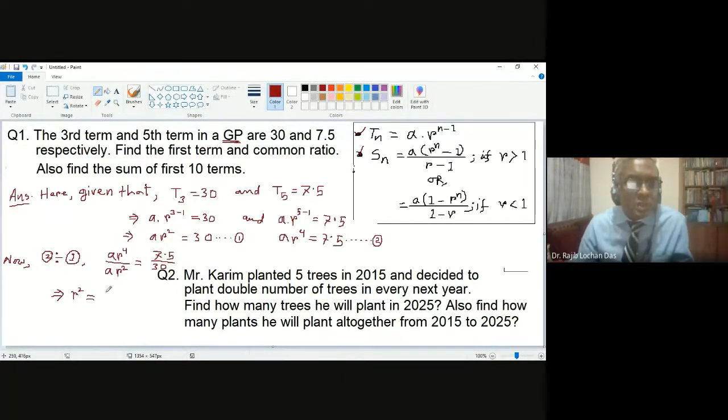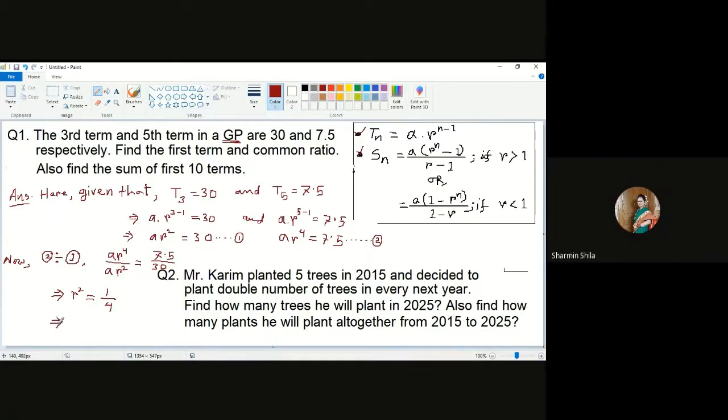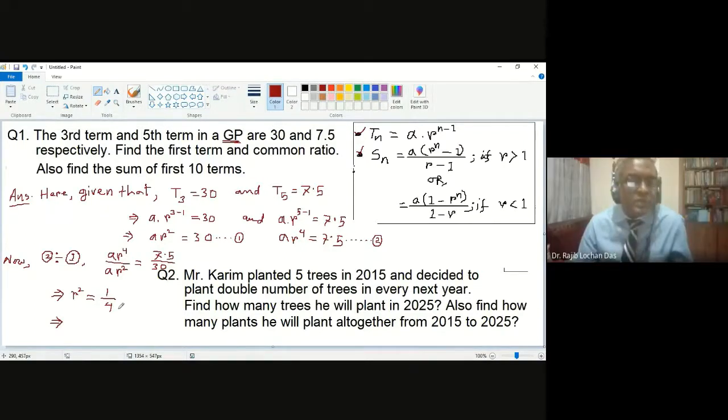So it is 1 divided by 4. You can check, is this correct or not? Is this correct? 0.25. Yes. So 1 by 4 or 0.25. Correct. So what will be R?